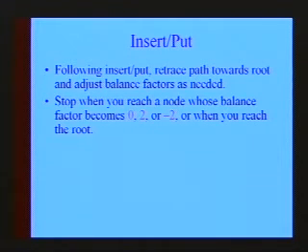This backward pass will stop when you reach a node whose balance factor becomes 0. That represents a subtree whose height doesn't change, and so you don't need to go any further up. Or it would stop when you reach an A node, a node whose balance factor becomes 2 or -2. Or it would stop when you really fall off the tree, so you're backing up from the root.